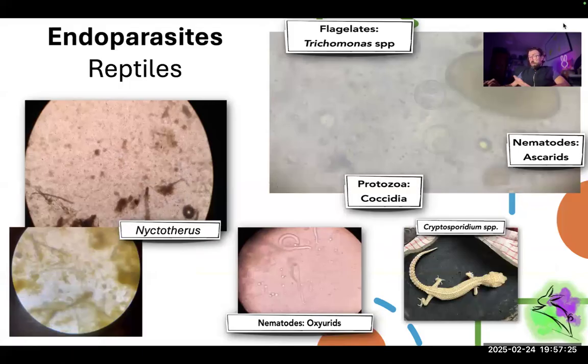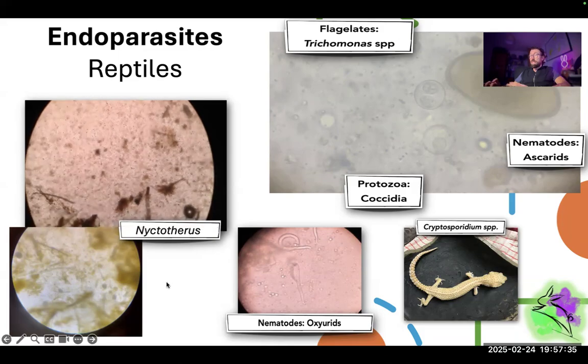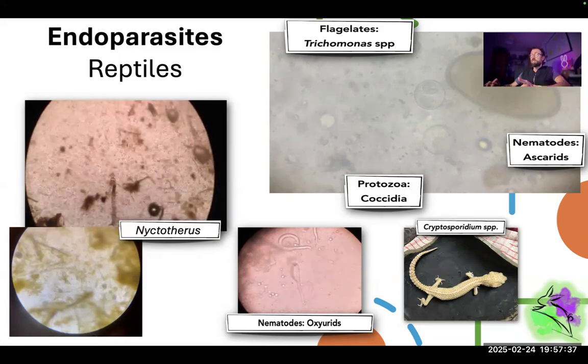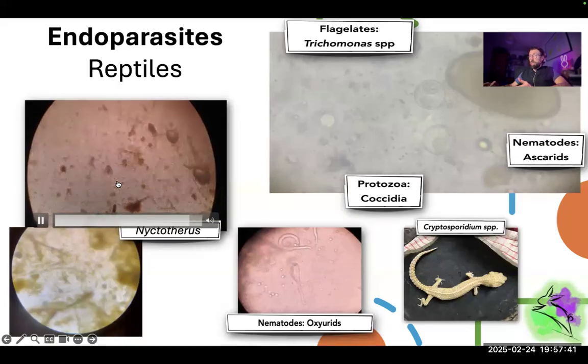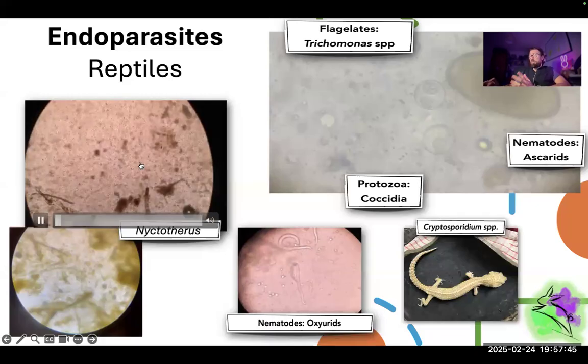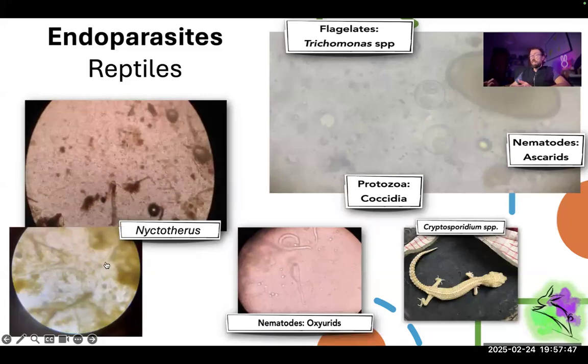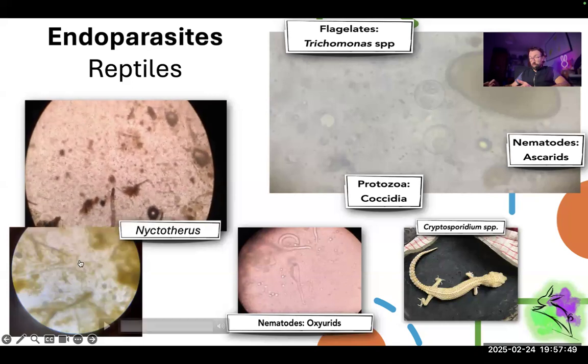Endoparasites in reptiles. Obviously, reptiles can also have parasites. They can have many, but sometimes they could be completely normal, like the Nyctotherus, the one that is swimming here. Swimming in feces is probably not the best environment for a swim, but these parasites are completely normal.